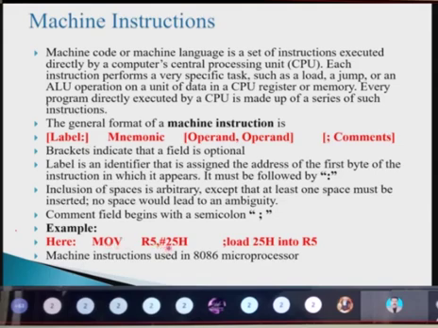R5, hash 25H means that the value will immediately be stored into the register R5. That is the meaning of this instruction. So we are loading 25H into R5. This is how we will be writing the machine instructions.